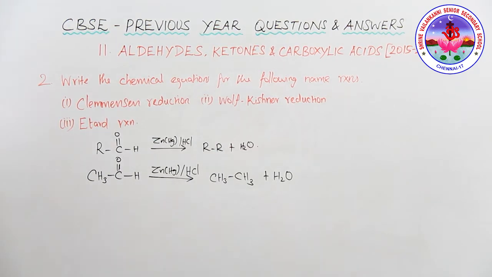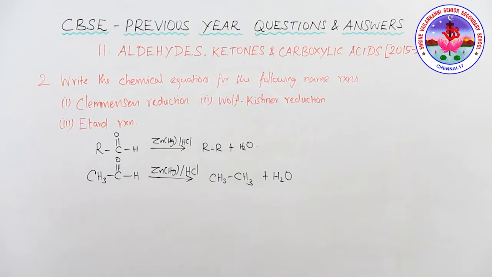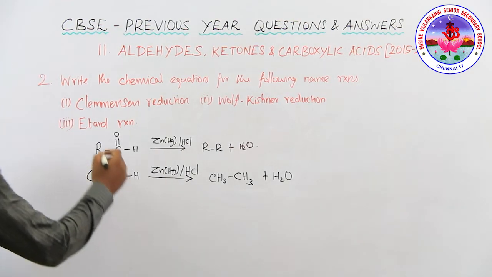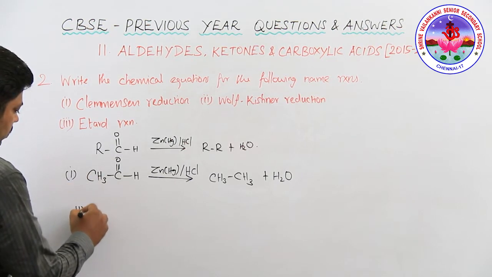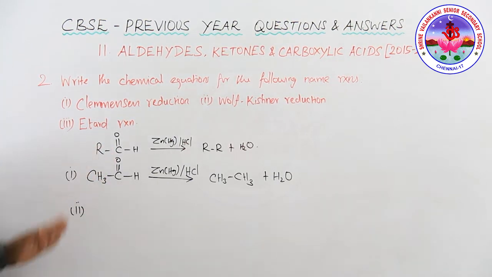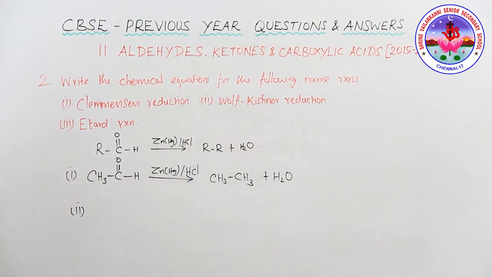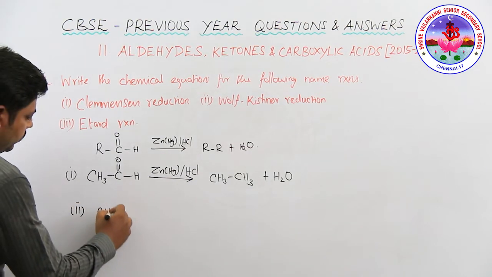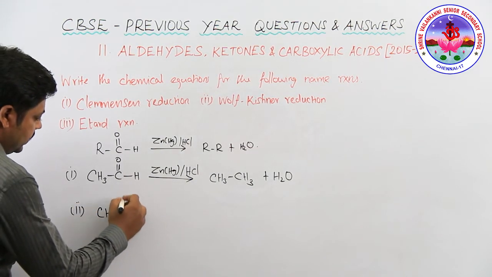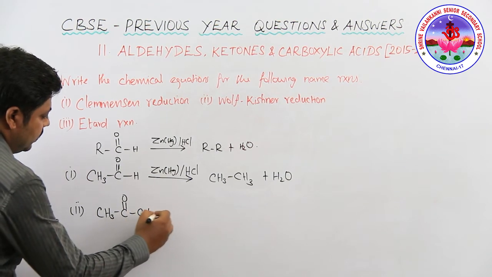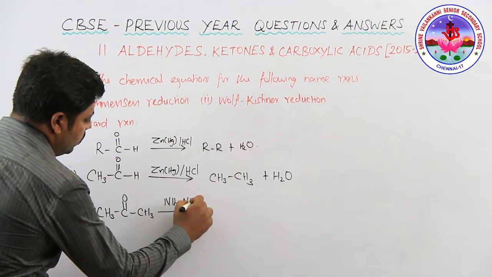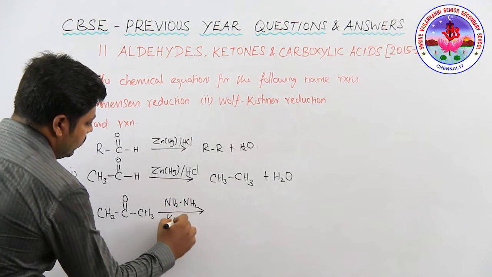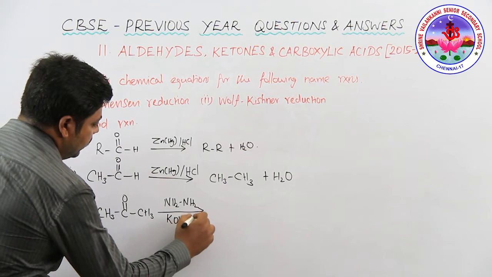Okay. Then second is the Wolff-Kishner reduction. Here aldehyde was used, but in the case of the Wolff-Kishner, you can use a ketone also. So here we use acetone, CH3C=OCH3, in the presence of the hydrazine NH2NH2, glycol and potassium hydroxide.